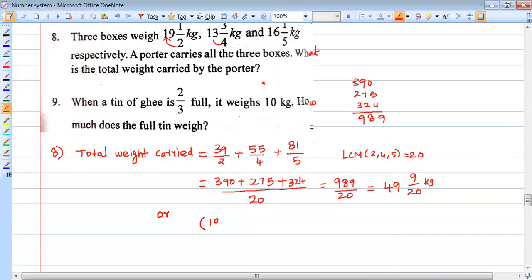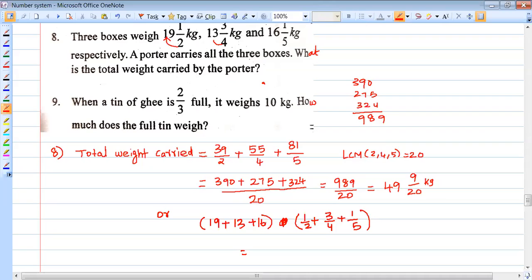First, add 19 plus 13 plus 16. Then separately add 1/2 plus 3/4 plus 1/5.